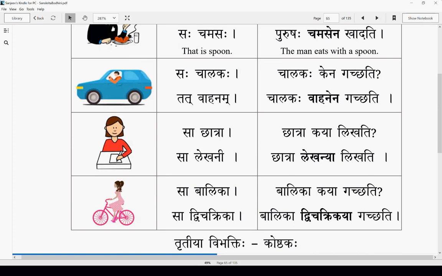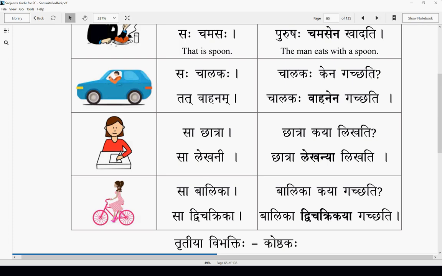Correct. Okay, understood. Thank you, Mohan. With the help of that instrument, using that vastu, he is going there. What is the action here? Gacchati, gamana kriya, the action of going.